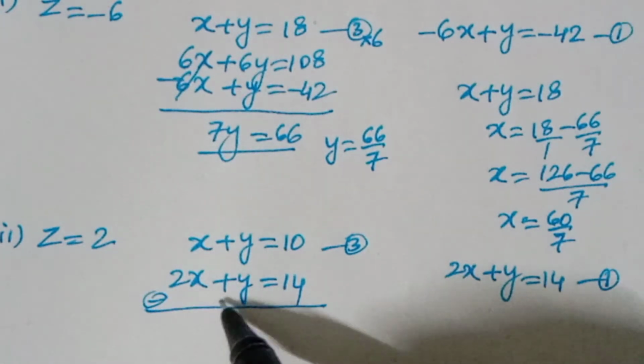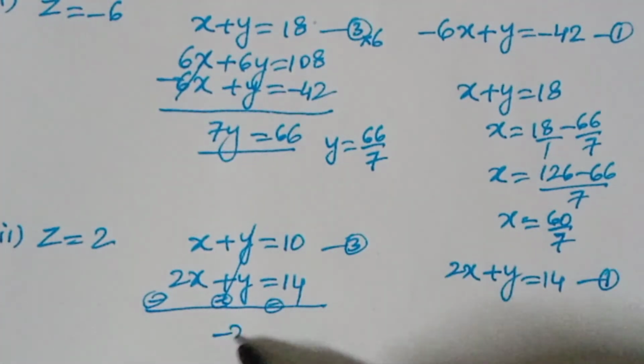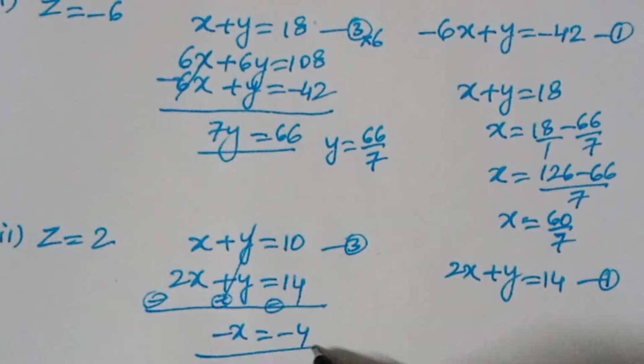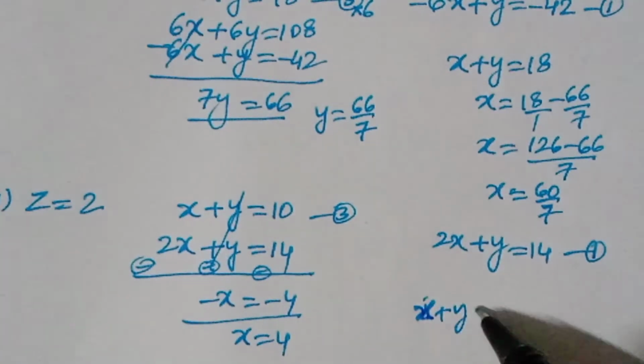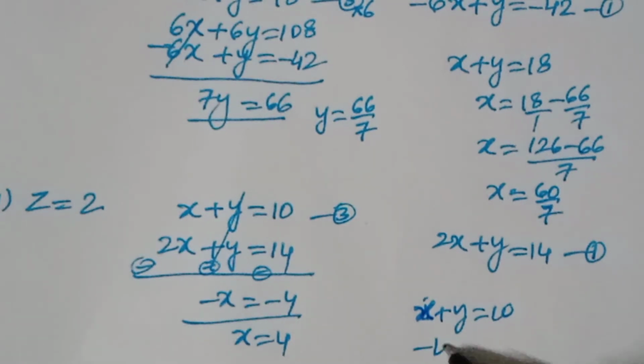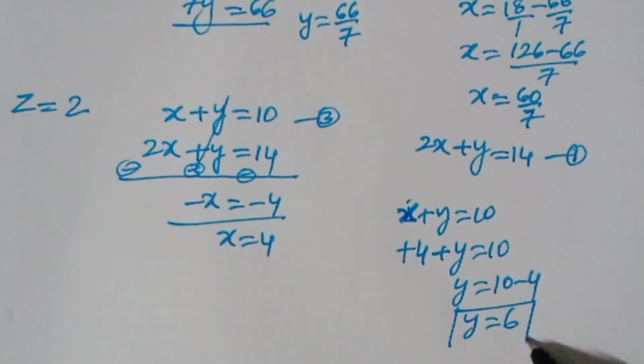Now subtracting these two, the signs will change, so y gets cancelled. Minus x is equal to minus 4, x equal to 4. Substitute here, x plus y is equal to 10, so 4 plus y is equal to 10, y is equal to 10 minus 4. So y is equal to 6.